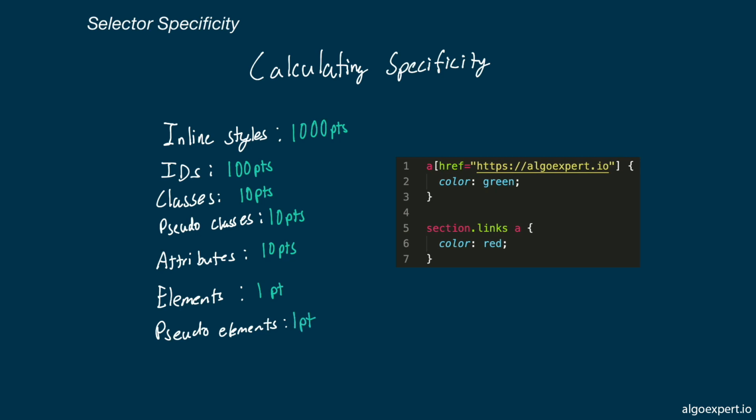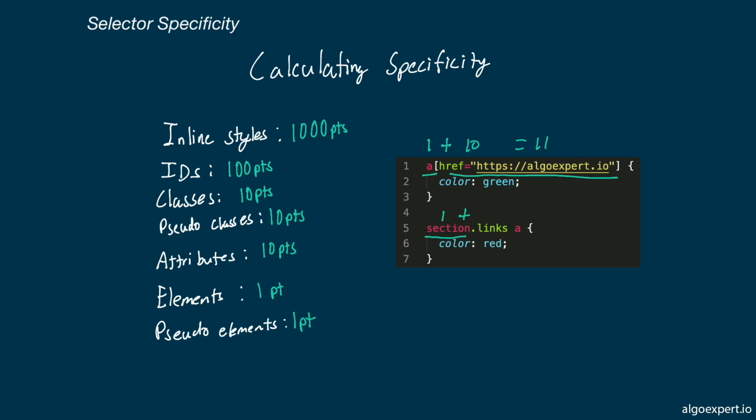Now let's look back at that example of the two conflicting anchor tags. In the first option, first we have the A element, and elements get 1 point. And then we have the href attribute, and attributes get 10 points. We add these together, and we have 11 total points for the weight of the first option. Then we look at the second selector we had, that starts with the section element, which gets 1 point.